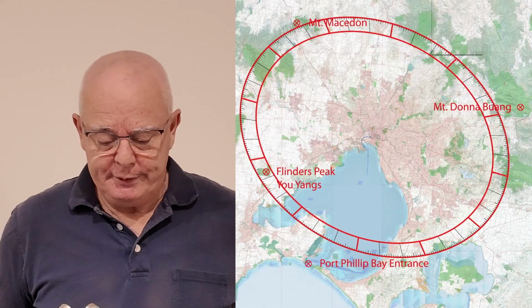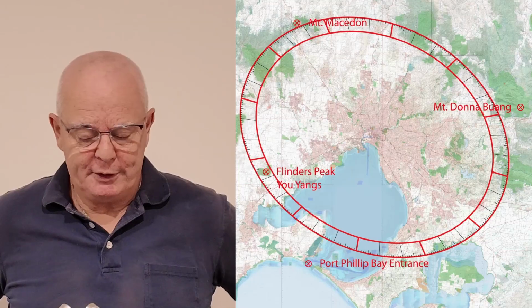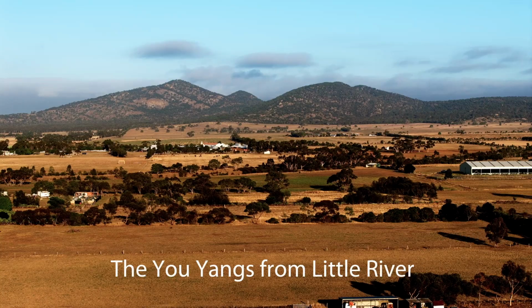The Yuyangs are west-southwest of Melbourne. Flinders Peak is 350 metres high. The Yuyangs can be seen all the way across the other side of Port Phillip Bay from Rosebud and Dromana and Frankston. They rise abruptly out of a broad, flat plain.